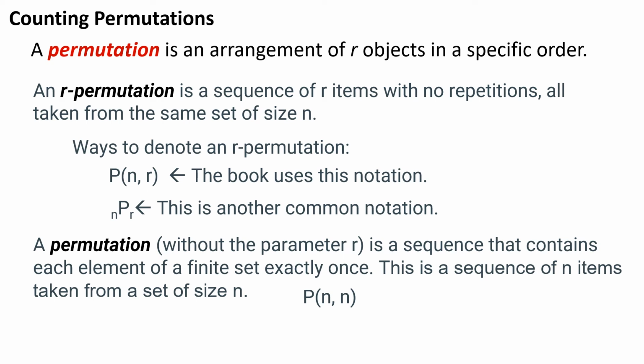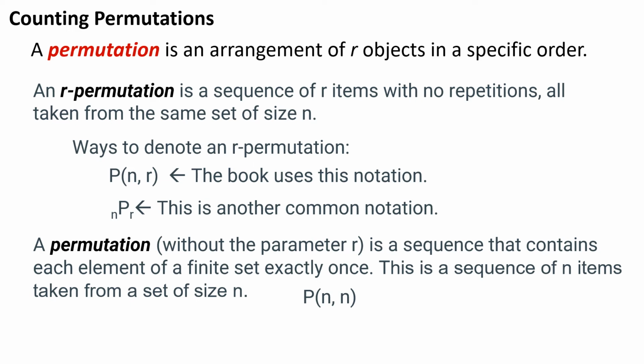But then they go on to say this, because we're making the distinction that we're not involving r. We don't call it an r-permutation, we're just calling it a permutation. And that's because we're going to take all of the elements from the set and arrange them.